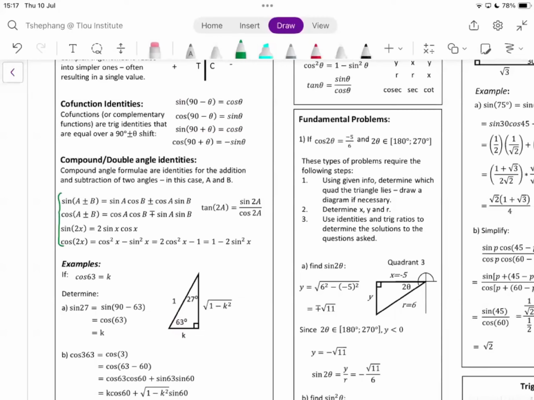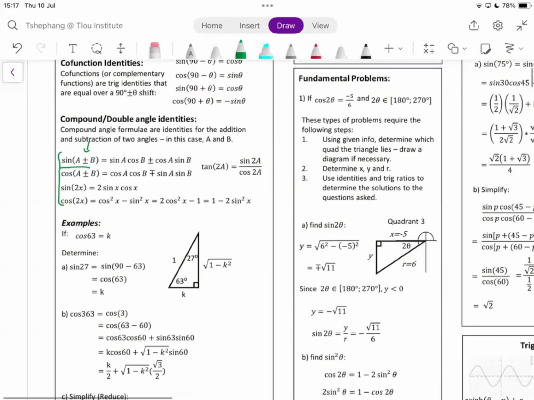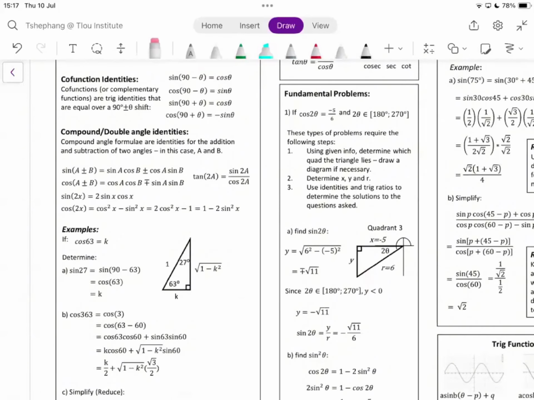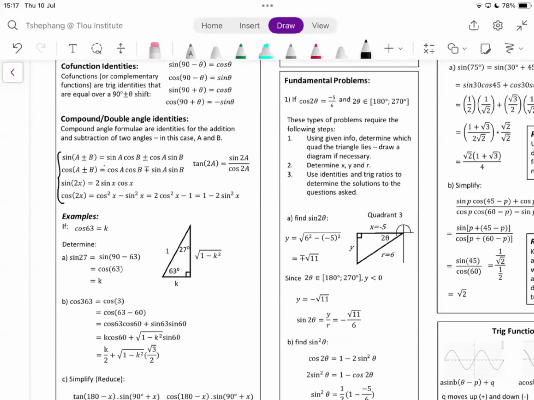But for sine, you just rely on your formula sheet. The only thing that changes is the plus or the minus sign. You'll see when we apply this, we're going to come back and just copy them as they are here in order for us to solve these kinds of problems.